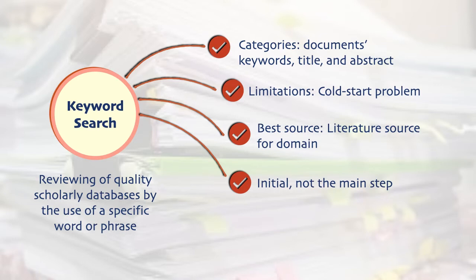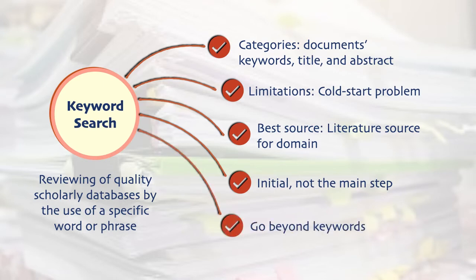A common mistake made by novice researchers is to assume that the keyword search yields all that is available from the literature. It is therefore necessary to go beyond keywords and use the backward and forward approaches, which can help researchers to follow models, theories, theoretical constructs, and research streams.